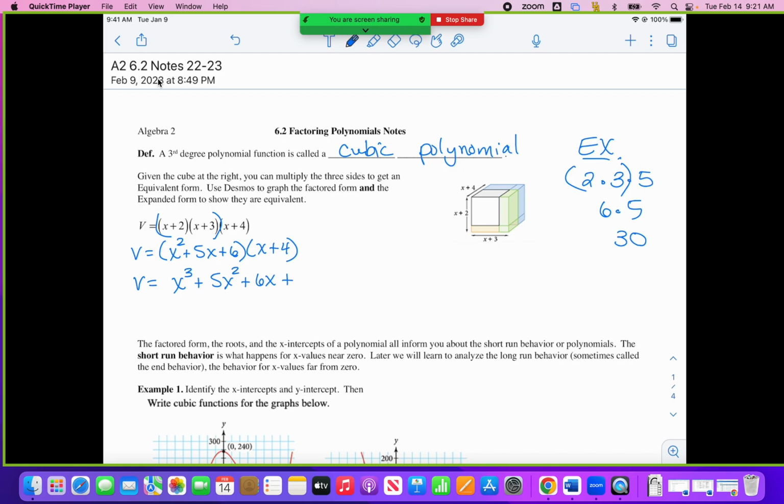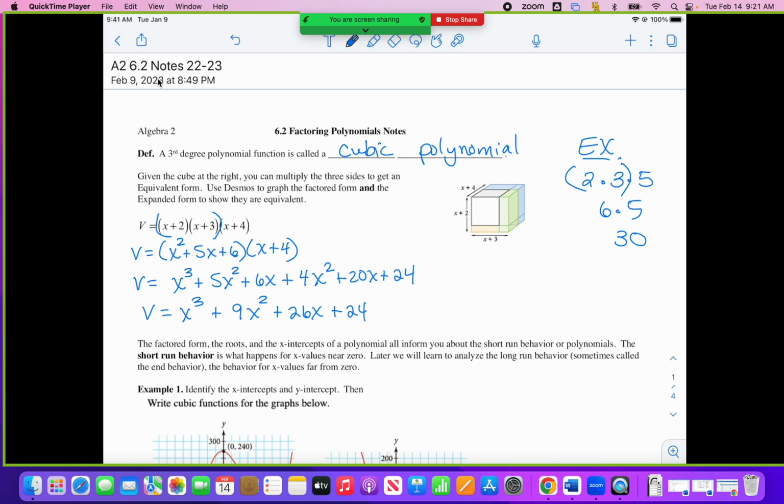And then I'm going to take the trinomial times the 4. Then what am I going to do? Combine like terms, okay? So you're going to get x cubed plus 9x squared plus 26x plus 24.